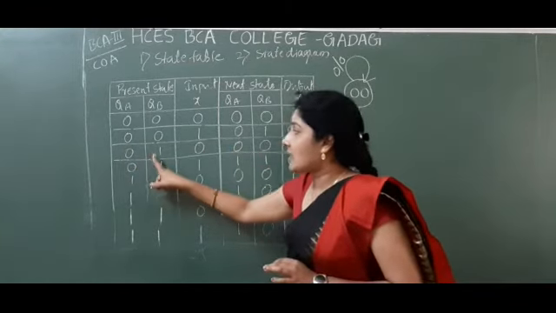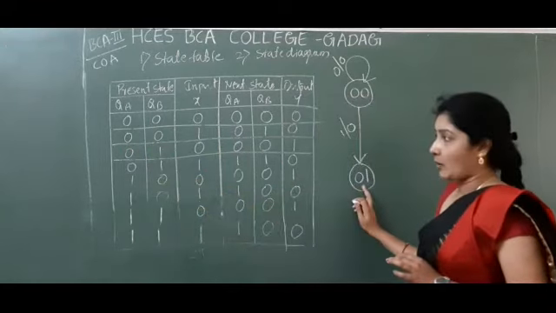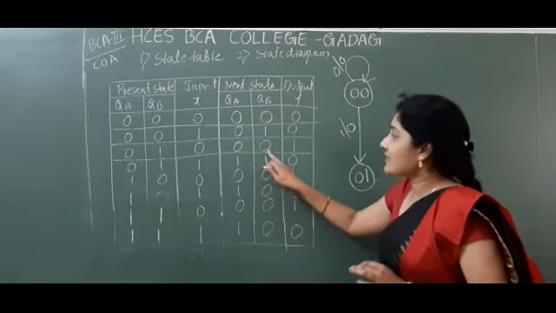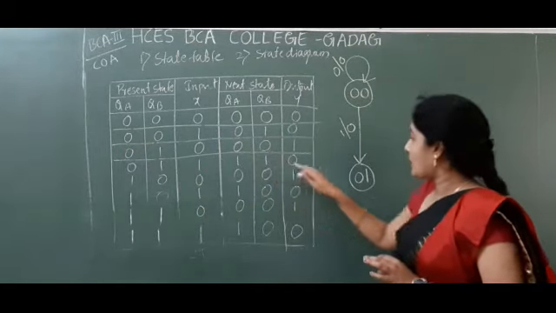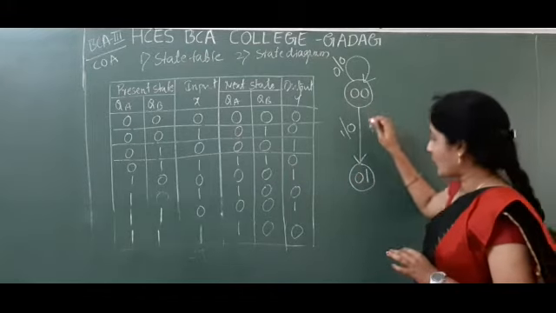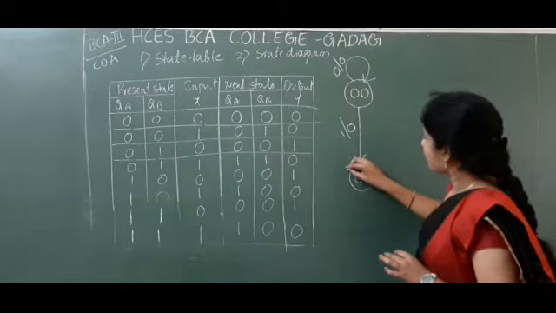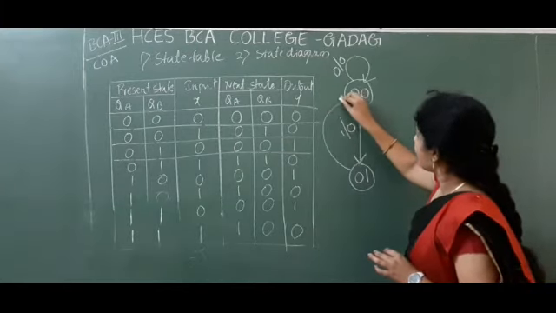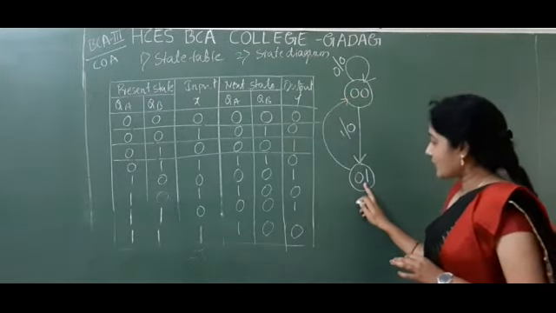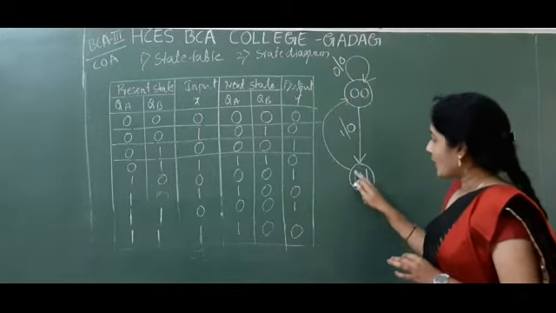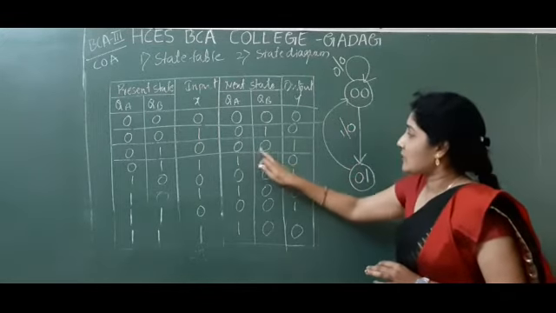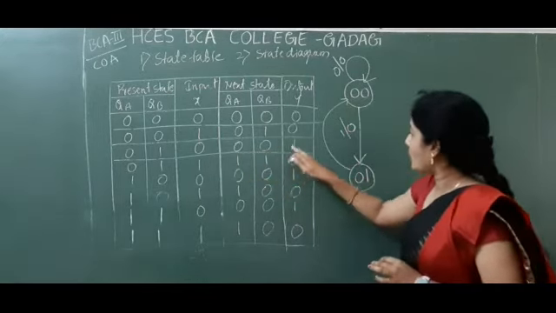Now the next one. When the present state is 0 1, we have to come here. The next state is 0 0, so from here to here we have to move. That means we can move like this also. When the present state is 0 1, the next state is 0 0. Input 0, output 1.